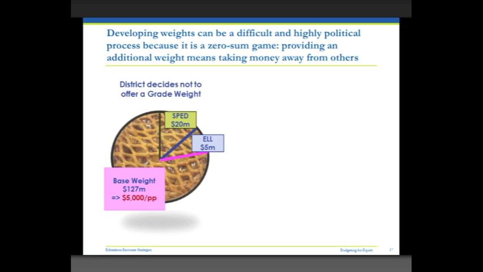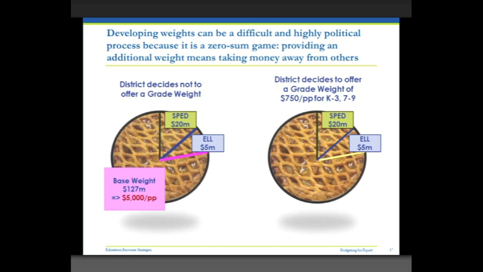This just shows you that in this district, the district decides not to offer a grade weight. So this is the base weight. Special ed gets this 20 million, ELL gets 5 million. In this district, they decided to do a grade weight for the priority grades of K, 3, 7 and 9.